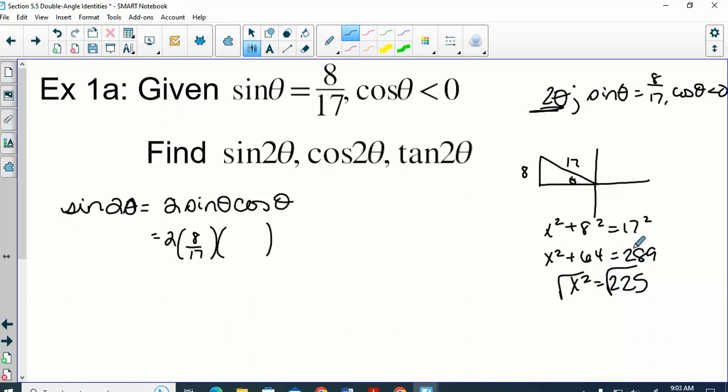Square root. With that, it's plus or minus. How do you know if it's positive or negative? By quadrant. Yep, in quadrant 2, your x is negative. So square root of 225 is 15. So that's negative 15. So now, can you tell me what cosine is? Negative 15 over 17.